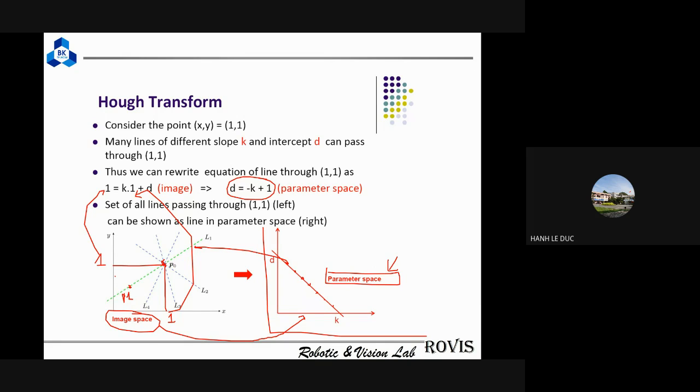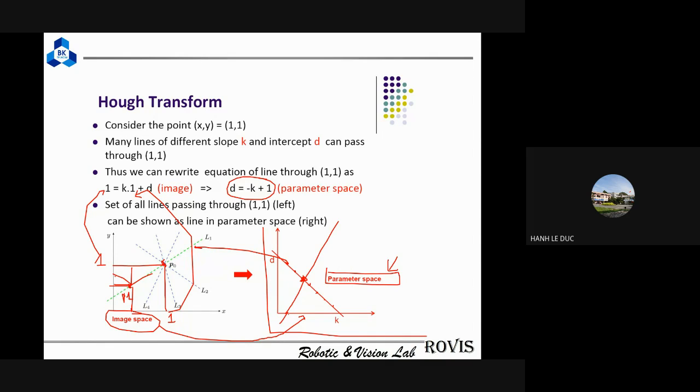For example, we have another point, P1 here, and we calculate this, and then we will have another equation, something like this one. We will have another equation for P0 and P1 here, and they will intersect at one point here.